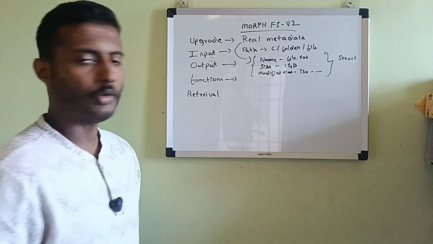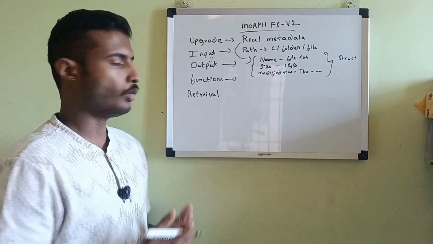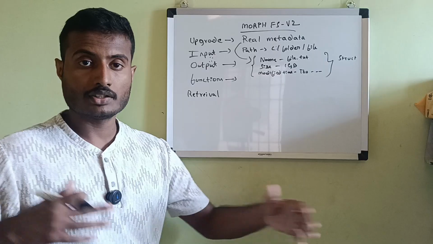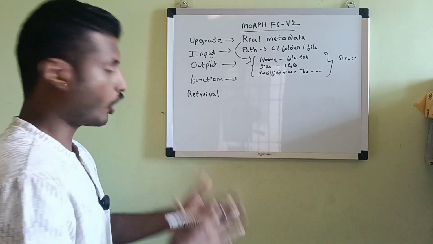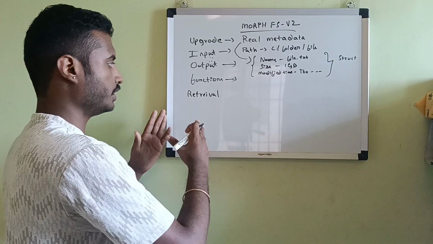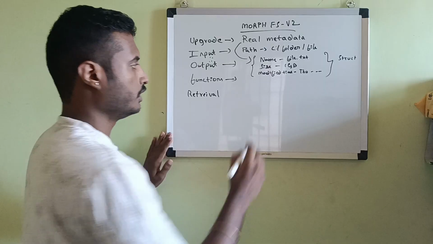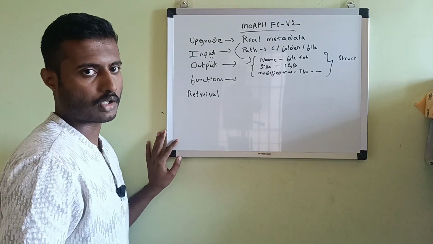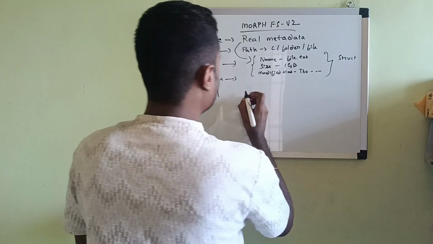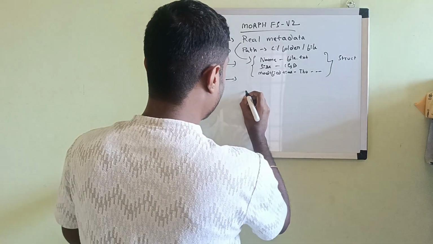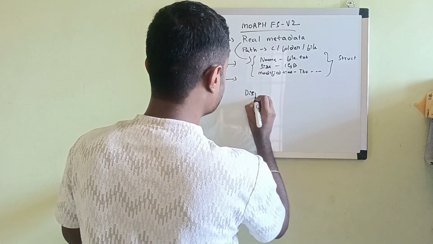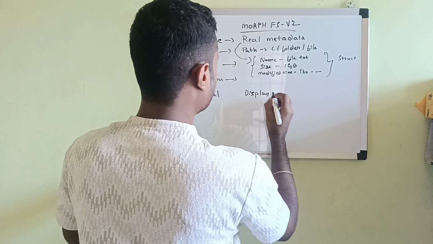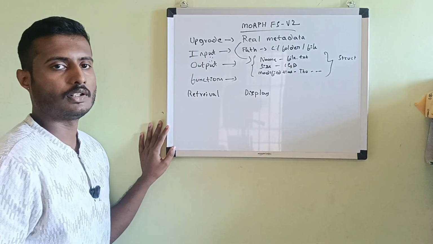Next, we have to print this, right? It is a different process altogether. Use this and print that, because there are three different things inside the structure, right? So we have to display as well.